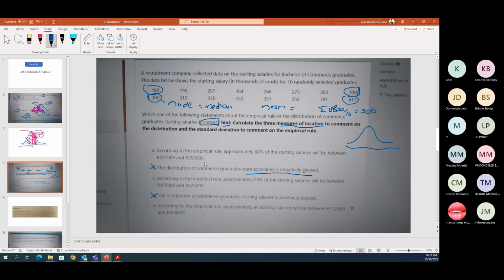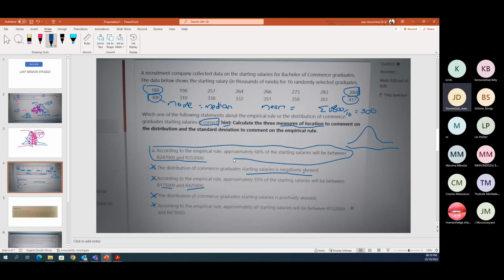Then if you take the minimum and max into account, it is not 175 and it is not 425, so that can't be. Minimum and max also cannot be, so then this will be your answer.